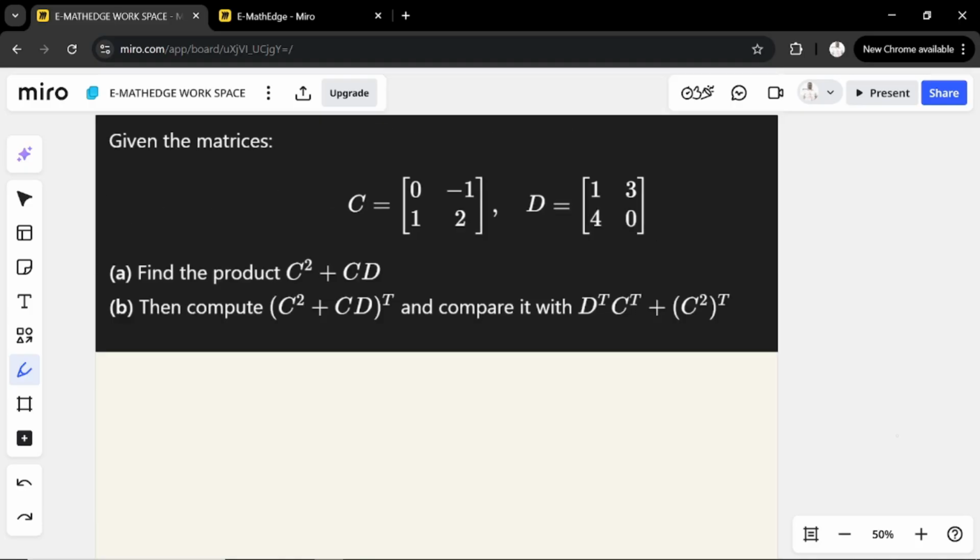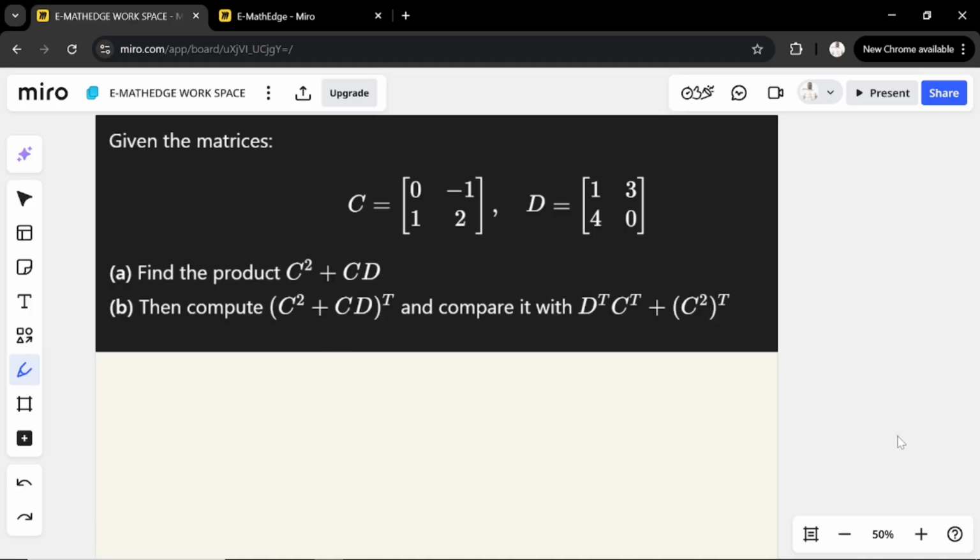Given these two matrices, option A says, find the product of C squared plus CD. That is, we are going to obtain C squared and add it to CD. And part B of the question says, compute the transpose of C squared plus CD and compare it with D transpose C transpose plus C squared transpose.